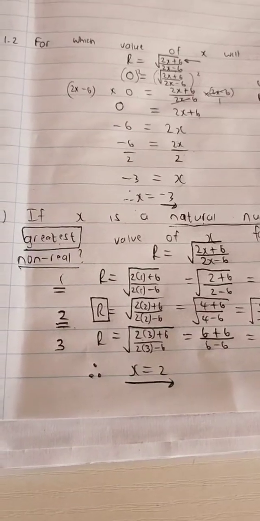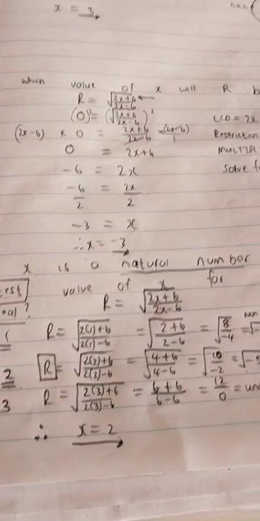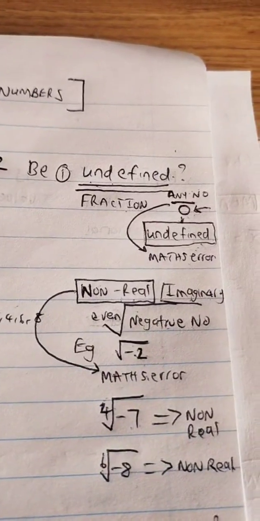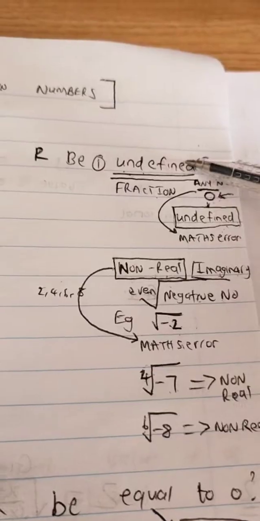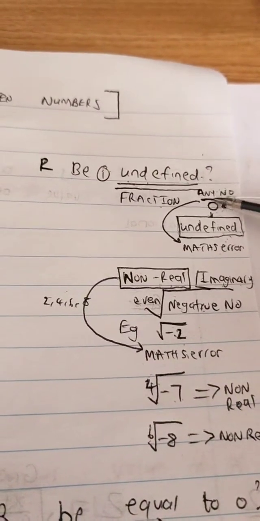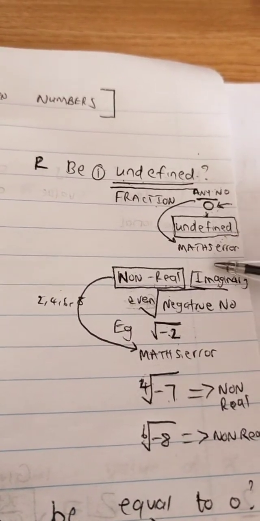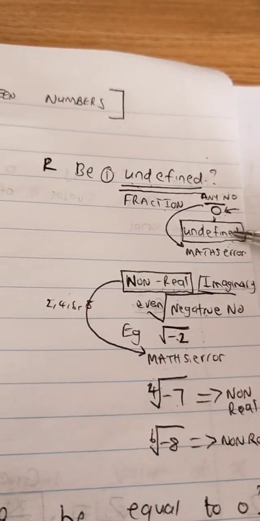And for me, what is important here is your understanding of the relationship between the numbers and understanding the concept of undefined. What does undefined mean? Any number divided by 0. In a fraction, when you have a 0 denominator, that's what undefined means. In your calculator, you get a maths error, but any number divided by 0 means undefined.